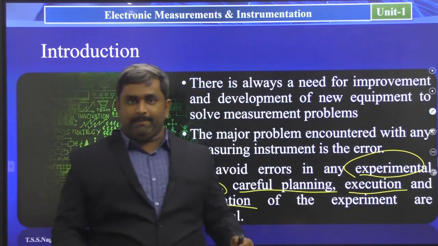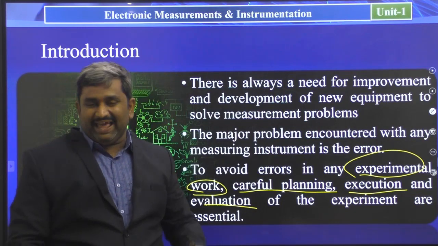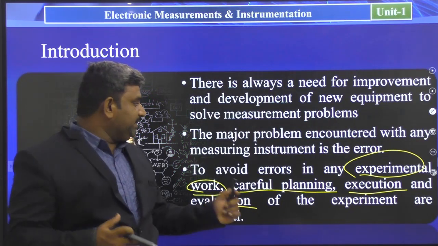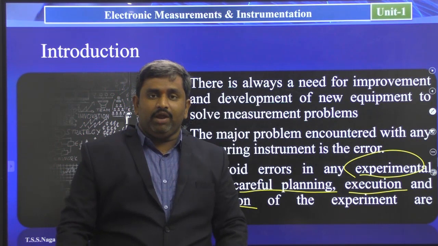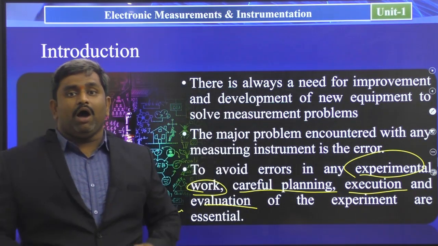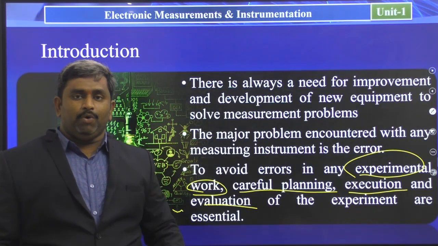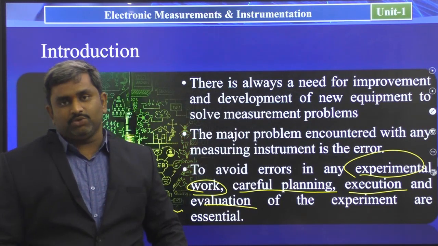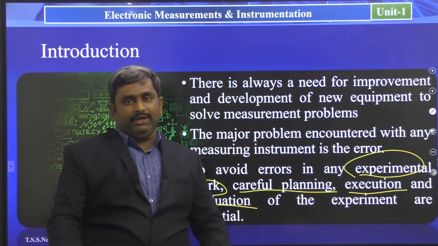A perfect way of planning, a perfect way of execution, and a perfect way of taking care. These are all very important to solve the errors we face in real time.